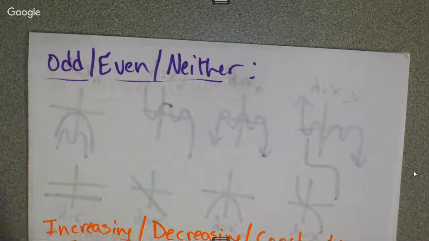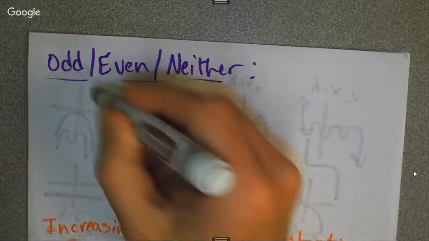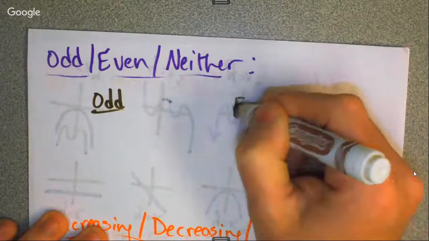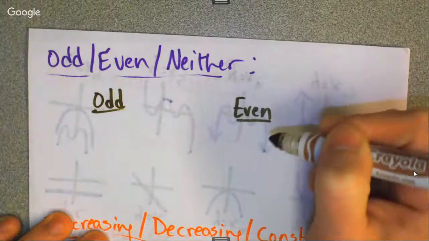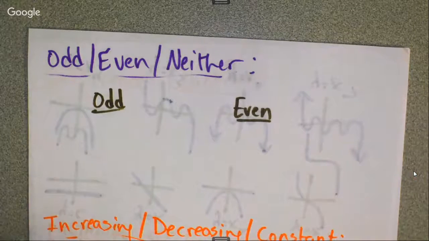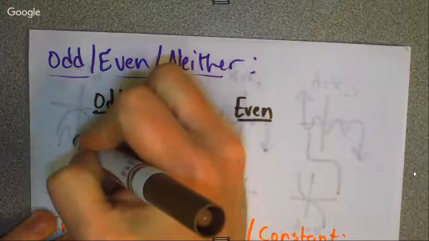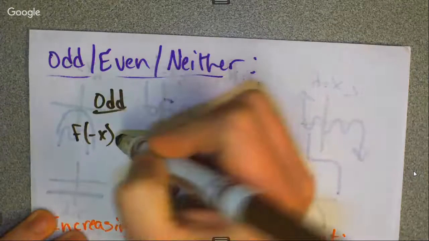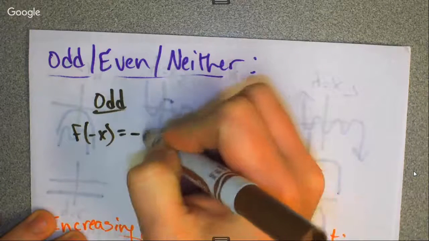Okay, how do I determine if a function is odd, even, or neither? Okay, so really we're going to talk about odd and even, and then if it's neither one of those, then obviously it's neither. Okay, so an odd function, this is true. F of negative x, so we're plugging in negative x to the function, will give you a negative f of x.